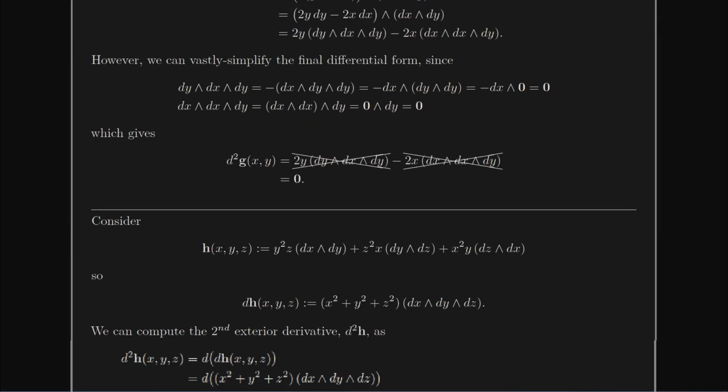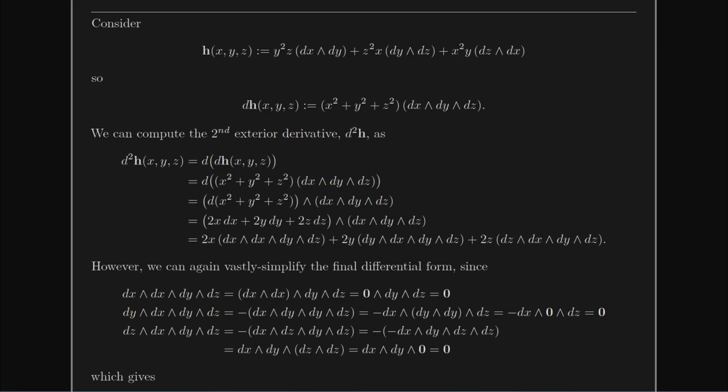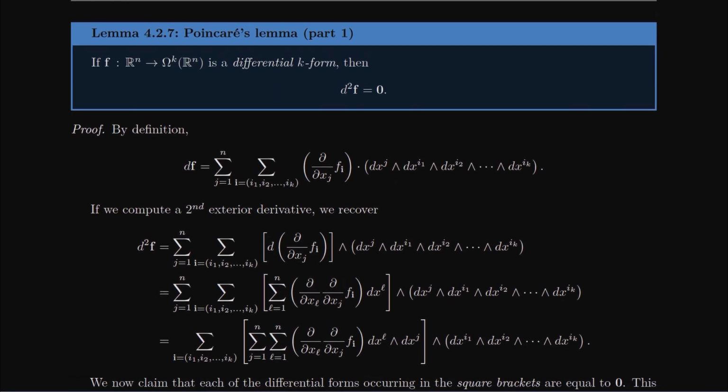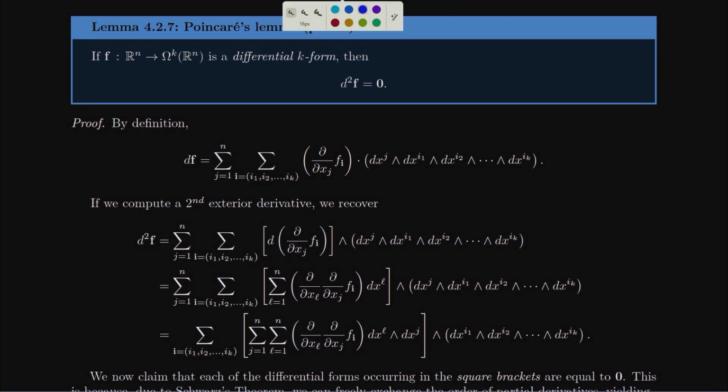And this is actually true no matter how you decide to do it. I've got another case here where we have the exterior derivative of starting out with a 2-form, and then of course the exterior derivative of a 2-form is a 3-form, and suppose we take an exterior derivative of this 3-form, we are actually going to end up with 0 yet again in every single case. And so we have this lovely lemma, this is part 1 of our lemma actually, called Poincaré's lemma. And Poincaré's lemma is telling us in part 1 that the second exterior derivative of any differential form will necessarily be 0.